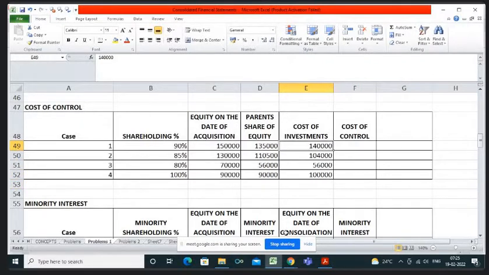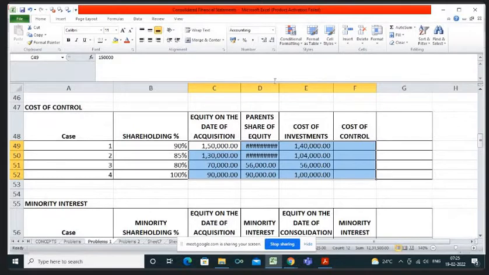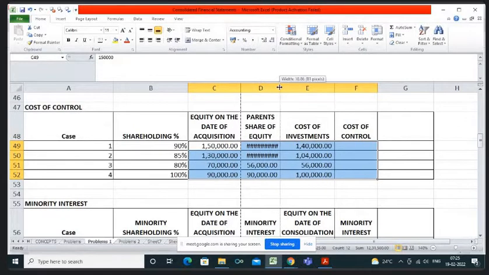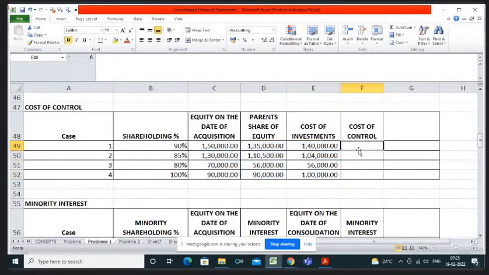So now we will find the cost of control. So in this particular case, parent share of equity minus cost of investment, minus 5,000 we have got.